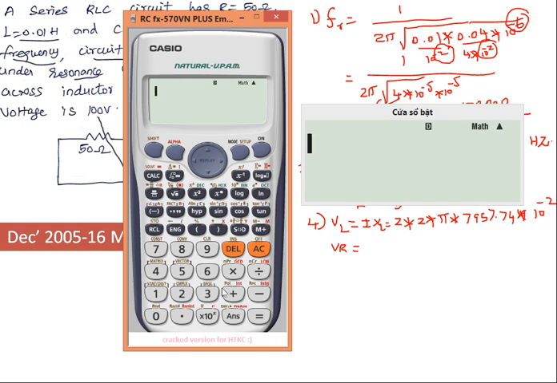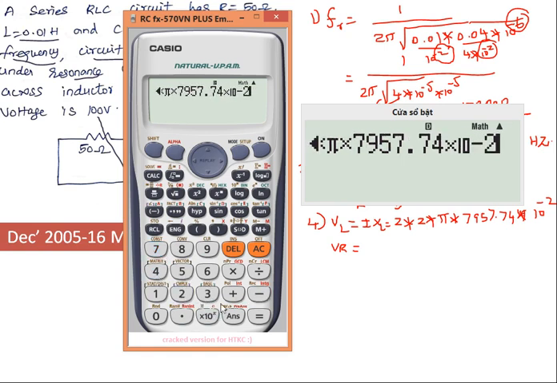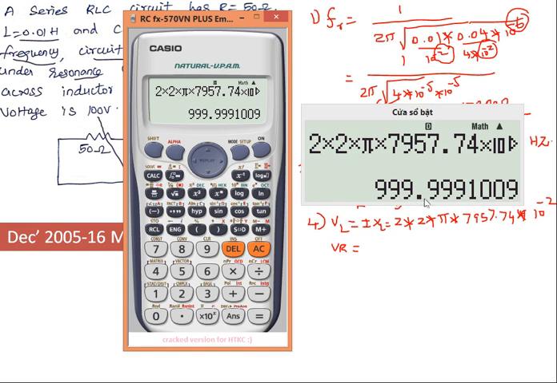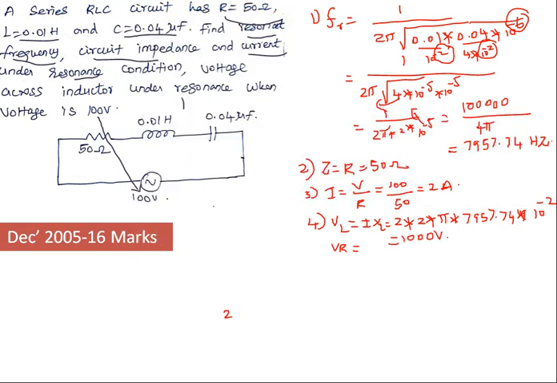So inductor voltage 2 into pi into 7957.74 into 10 power minus 2 should be equal to 999.99 volt. Almost 1000 volt is nothing but inductor voltage.